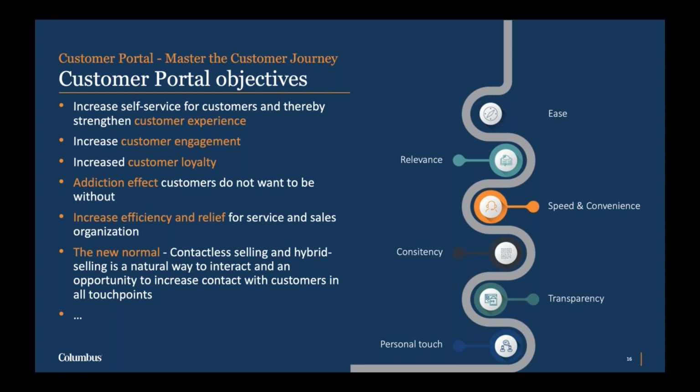Help to increase, by using this customer portal, the engagement of your existing customer base, help to create a stickiness effect, you could say, that your customers don't want to be without. And this will in the end help to drive customer loyalty and increased customer lifetime value, because we see that this is actually the new normal, meaning that contactless selling or hybrid selling is a natural way of interacting with your customers going forward.